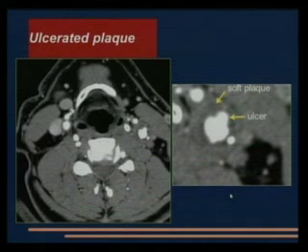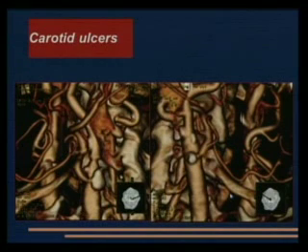We can see in the standard slices when there is an ulcer and when there is a soft plaque. These are the most dangerous abnormalities or lesions in the wall of the artery. You see the ulcer, but mostly the soft plaque is the one that gives the emboli and sends them to the circulation.